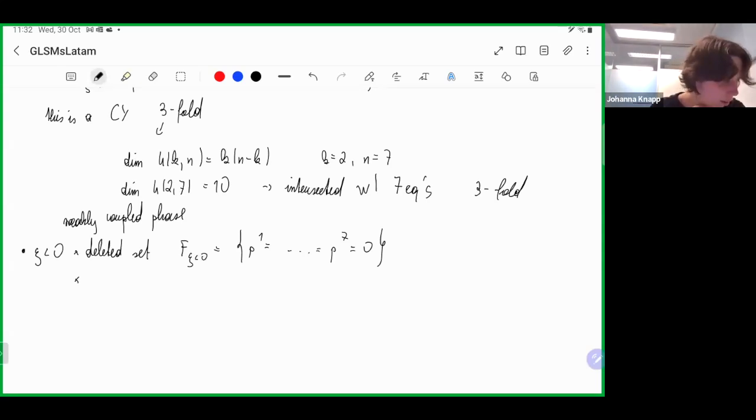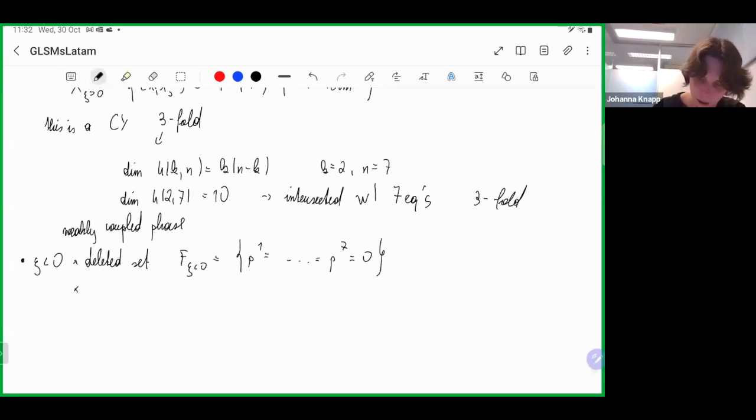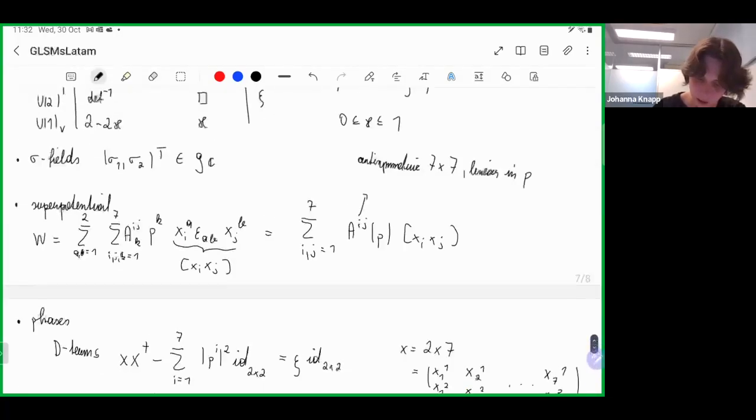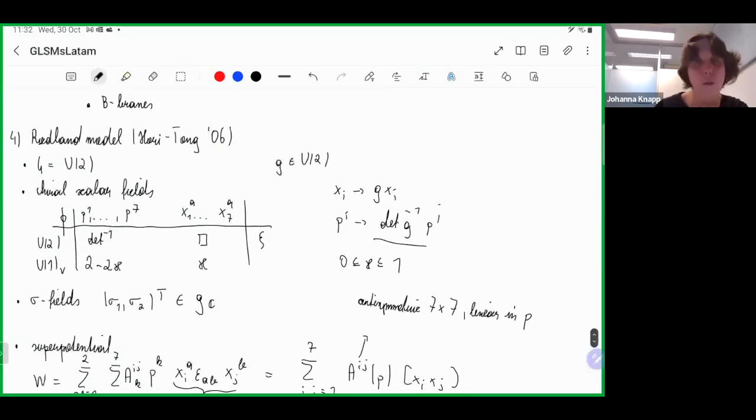Another thing we can see is that because the p fields transform in this determinantal representation, there will be a residual gauge symmetry. The symmetry will fix the p fields when the determinant is 1, and that is the residual symmetry that our vacuum satisfies.